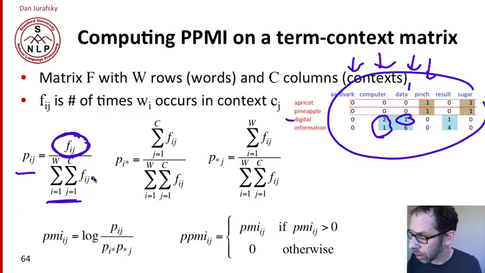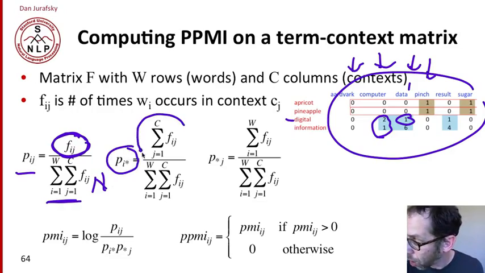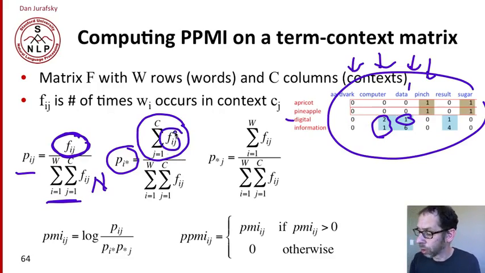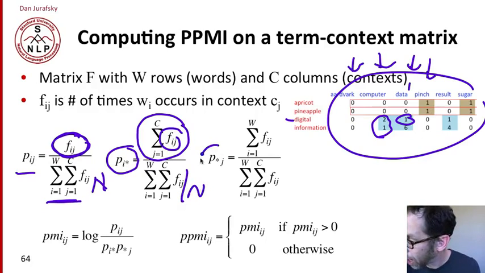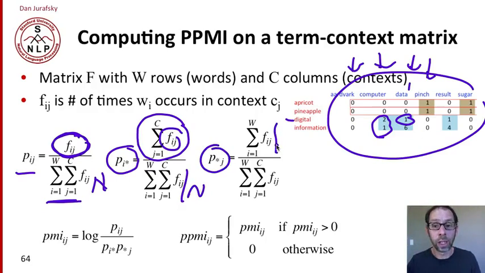That's the denominator N. The probability of a word, that's row i star, is the count of all the contexts that word occurs in. So we sum over all possible contexts, and we sum all the counts for that word in those contexts, normalized by N. And the probability of a context is the sum over all words that a context occurs in, those counts, again, normalized.